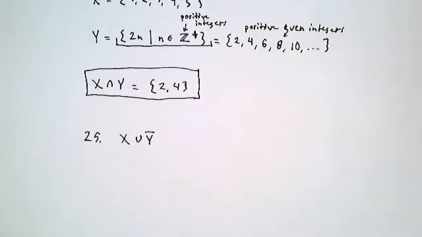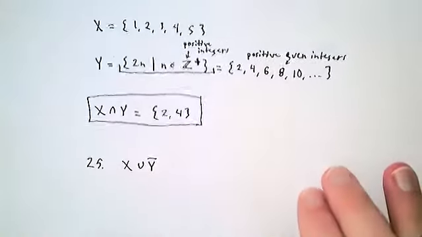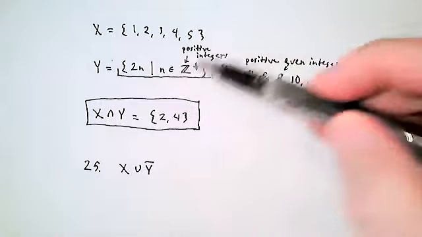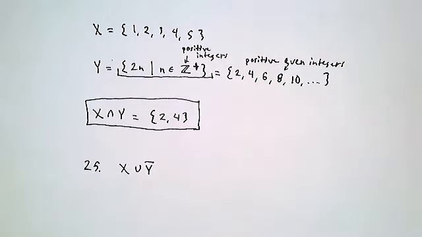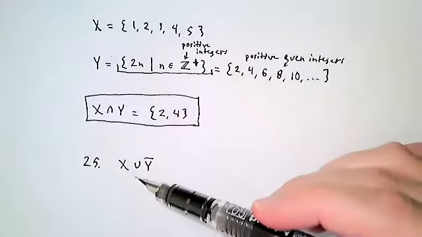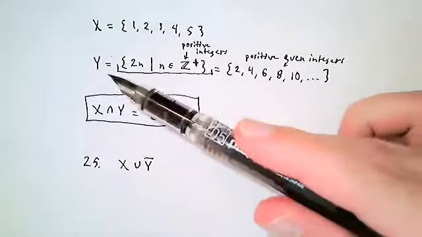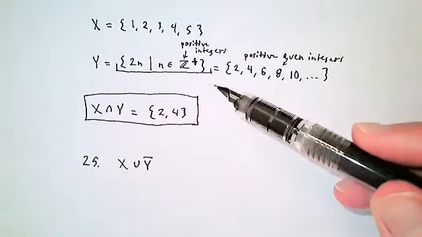Okay, so I think this was 25. So it's the union of x and the complement of y, and it's the same sets that we were talking about at the beginning of class. If you want to answer this question, you have to think about what's in the complement of y.